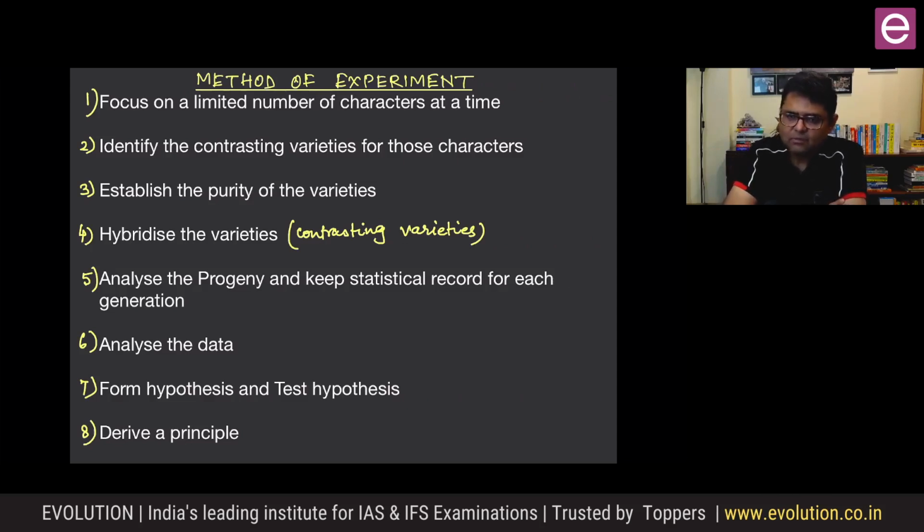Then Mendel was able to identify the contrasting varieties for those characters. Character is height of the stem, and then the contrasting varieties will be tall and dwarf. The character can be color of flower, and the varieties can be purple and white, and so on. And then he went on to establish the purity of varieties.